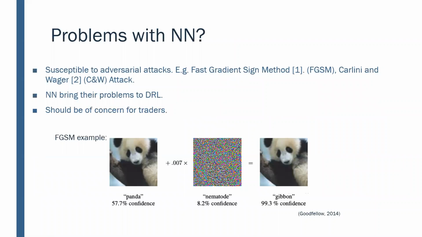But the problem with neural networks is that they are susceptible to adversarial attacks. Some examples are white box optimization attacks, one of which is called the fast gradient sign method, and another was proposed by two authors, Carlini and Wagner. Ultimately, by perturbing an input just slightly in value, the action or classification that comes out is misclassified.